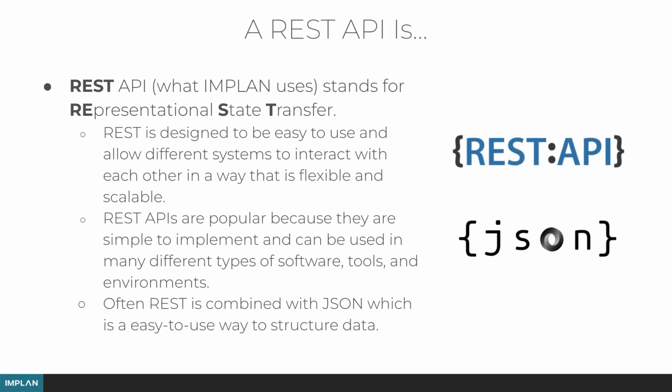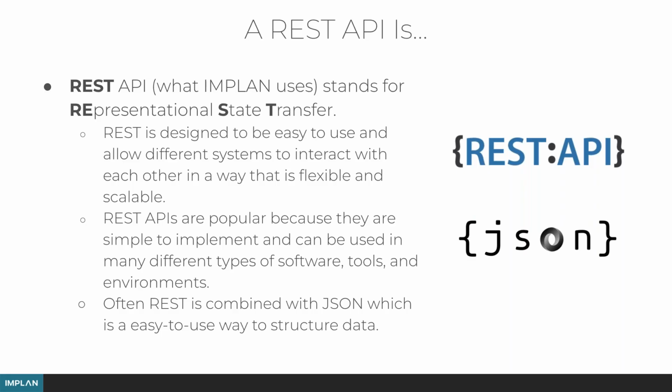So when you start to dive into REST APIs, REST is the most common format today on the web. It's basically designed to be easy to use and allow different systems, pretty much any tool or any environment that's internet connected today, can interact with REST APIs. It really has become this implicit standard.